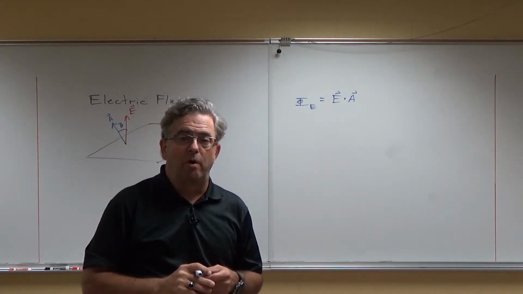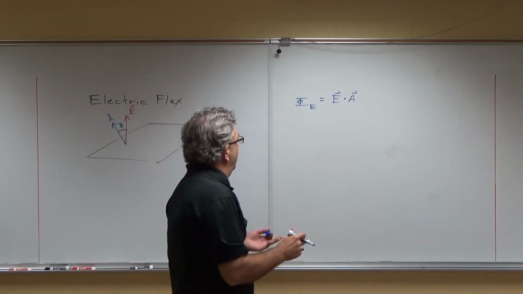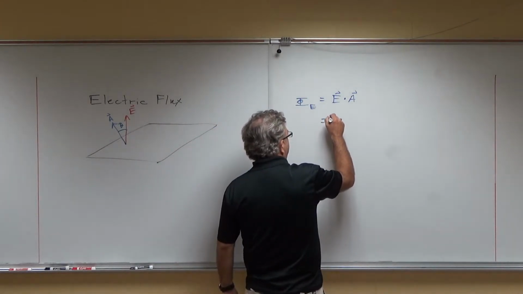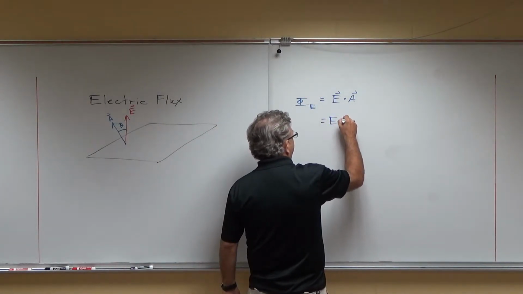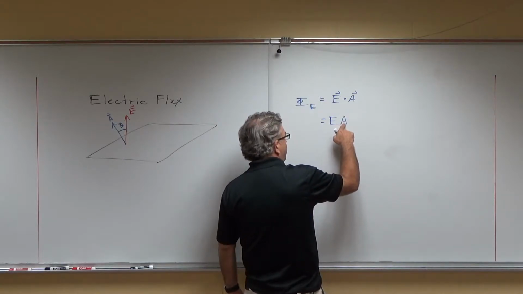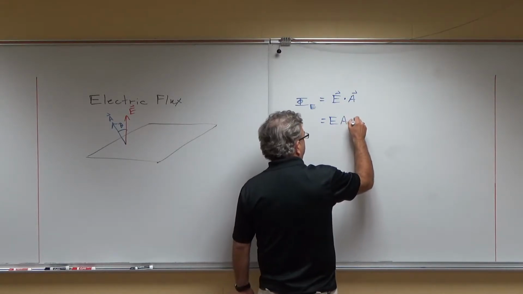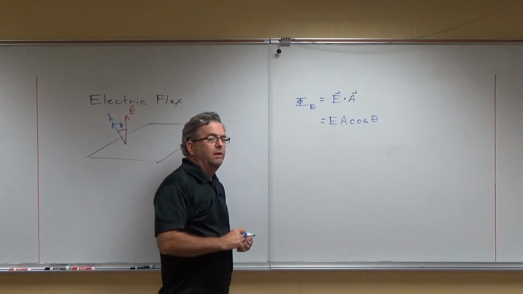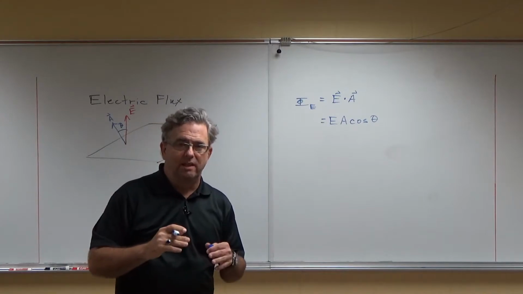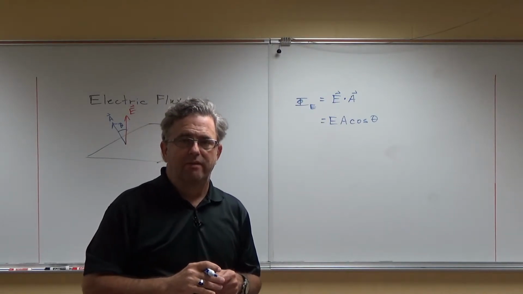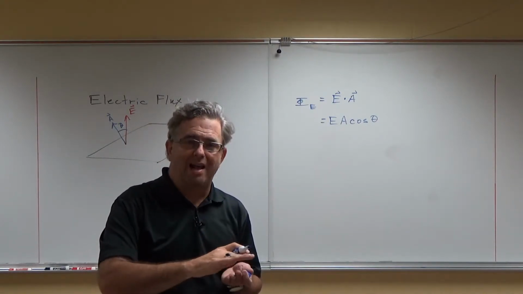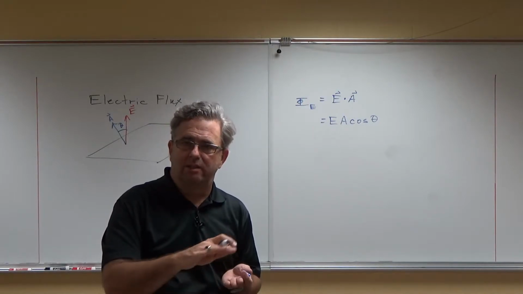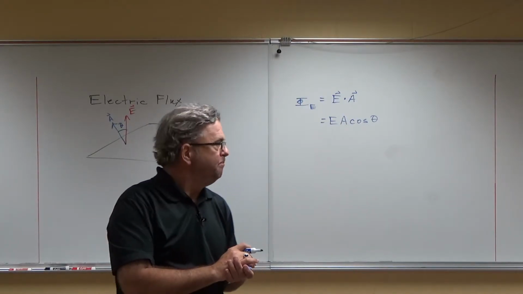So remember from what we did previously with the dot product, this is EA, where EA, that's magnitude of the field, magnitude of the area, times the cosine of the angle between the two. Now this only works in this special case that I've given for a nice smooth plane. The area is a nice flat smooth plane.